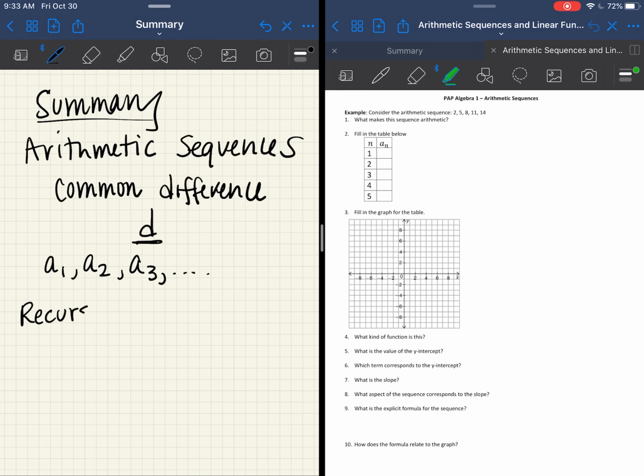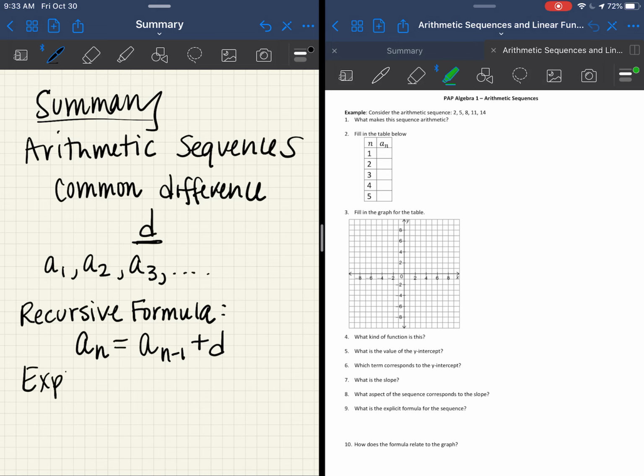And so there's what's called a recursive formula, which says you can get to the nth term, any term, by taking the previous term, which would be a n minus 1, and adding whatever D is.